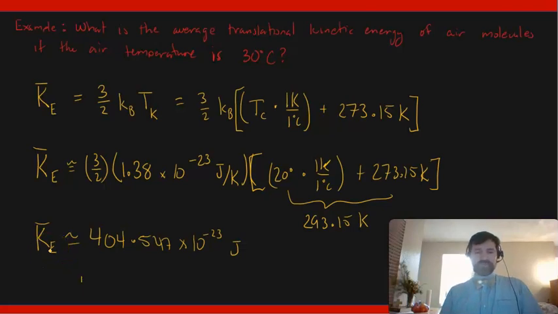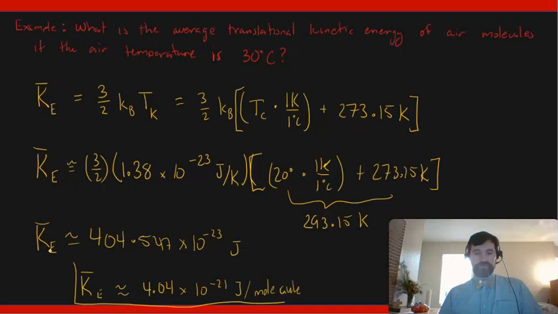Rounded to three significant figures, this would give us an average kinetic energy of approximately 4.04 times 10 to the minus 21 joules per molecule. So if you want to include the per molecule, you can do that as well within the units. So that's joules per molecule.